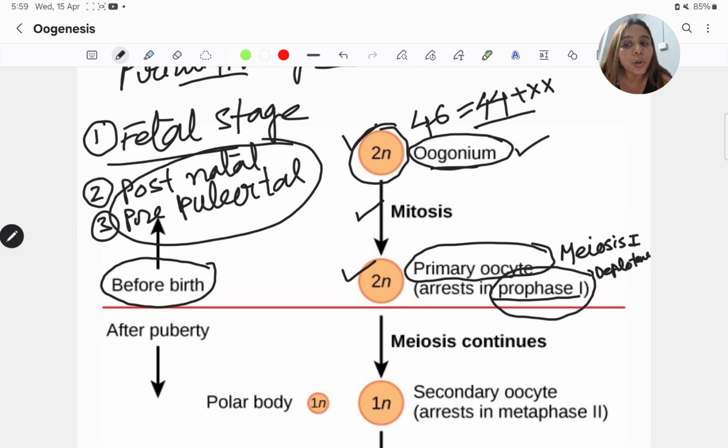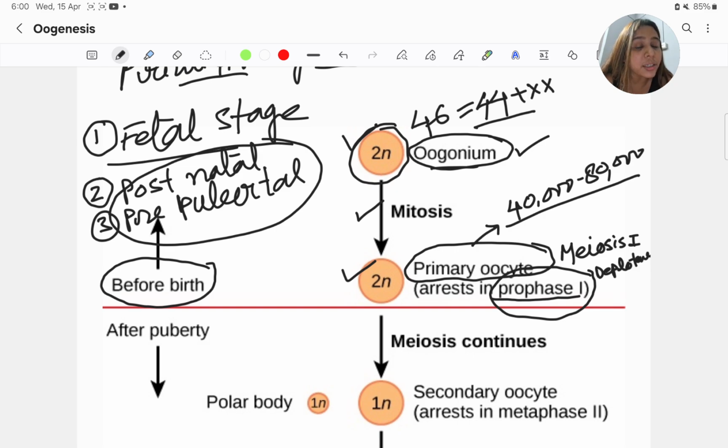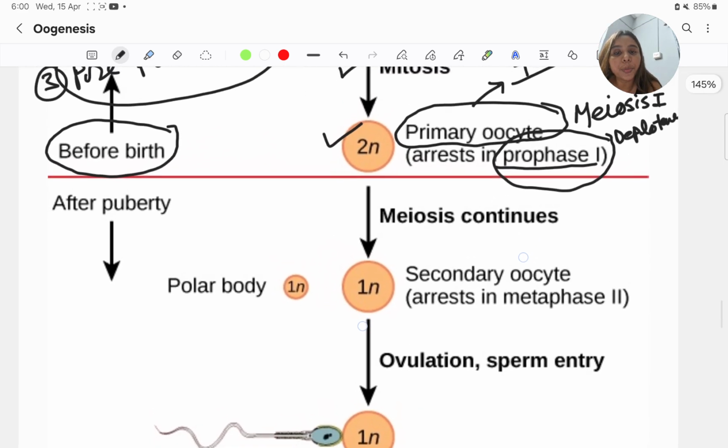Okay, so in this postnatal and prepubertal phase, these primary oocytes, which are more in number, get destroyed, almost 40,000 to 80,000 in number. Because of nutrition and so many other factors, they get diminished, and that abolishment of the primary oocytes is known as atresia.